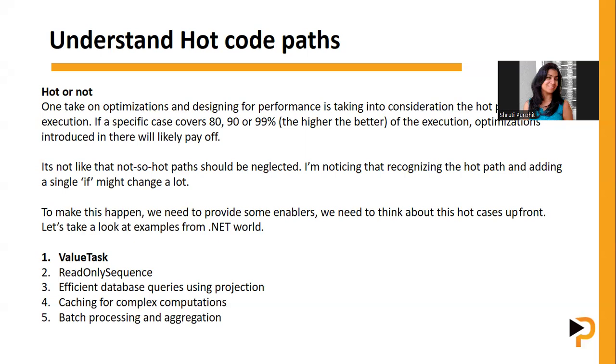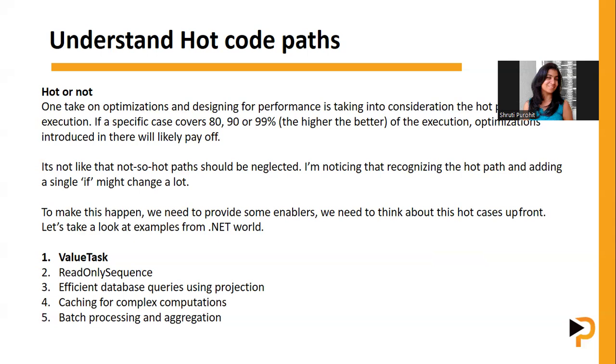I'm noticing that recognizing the hot paths and adding a single if might change a lot. So it's not like for hot code paths we have to write different code, different business logic, or use different tools and techniques. No, you may simply have to add an if condition. To make this happen, we need to improve some enablers.